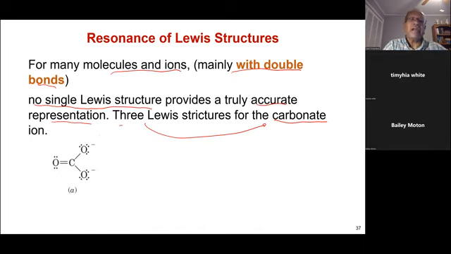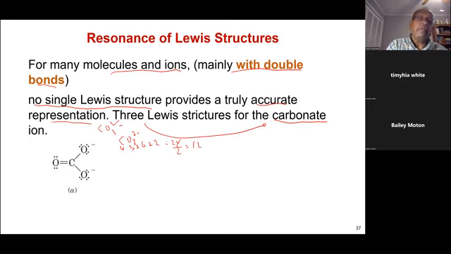When you write the Lewis structure of carbonate, CO3 2 minus, there are 4 plus 3 times 6 plus 2 for the negative charge. Therefore, this adds up to 24 electrons, divided by 2 is 12.